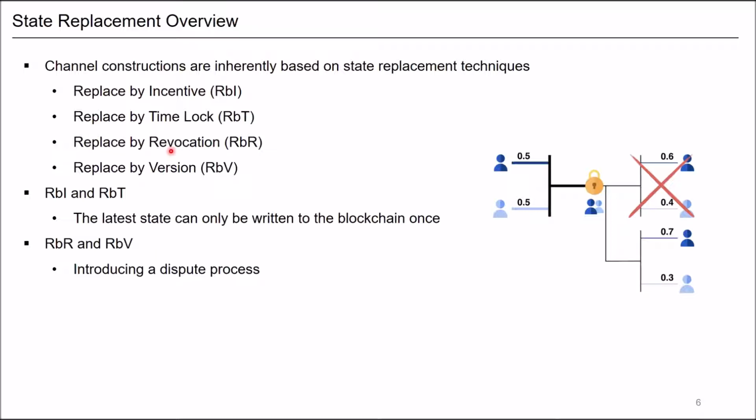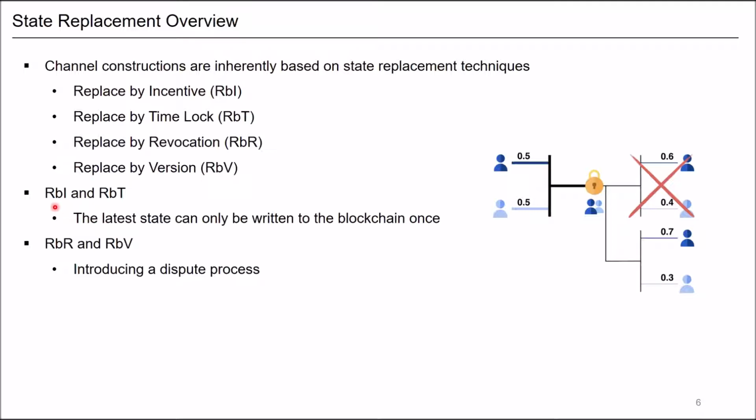In RBR, all parties collectively authorize a new state before revoking the previous state. Upon dispute, the blockchain provides a time period for parties to prove that the published state is a revoked state. In RBV, states have a monotonically increasing counter representing the state version.